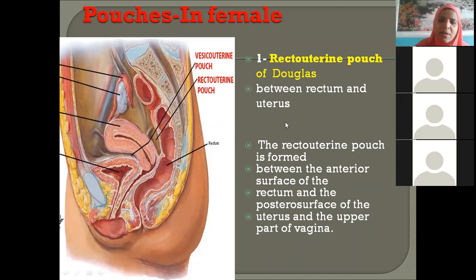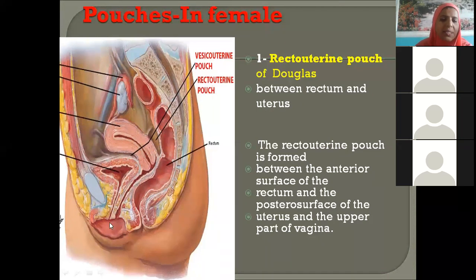The importance of this Douglas pouch is, in embryology, we will come across a condition called placenta previa. What is placenta previa? Placenta previa is a condition where the placenta is lying at the lower part, in the cervix. Sometimes it will be obliterating the internal os of the cervix.